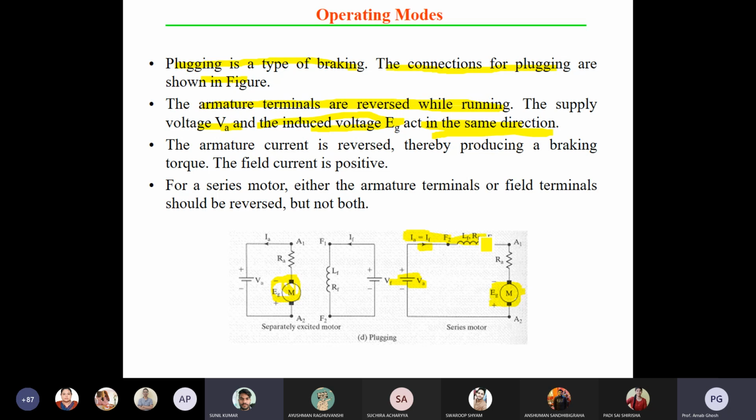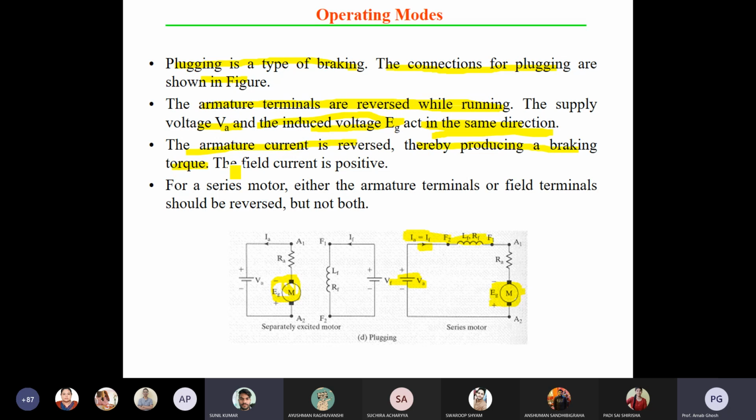So the current direction polarity and the back EMF direction polarity both will be the same. That's what happens in plugging, and after some time it will again rotate in the reverse direction. The armature current is reversed, thereby producing the braking torque.